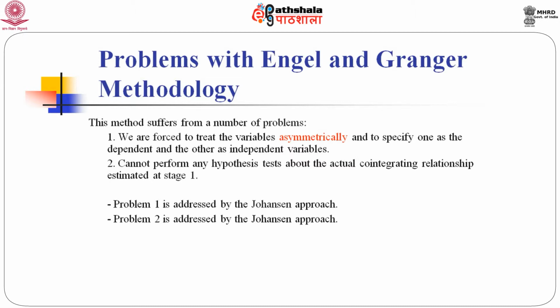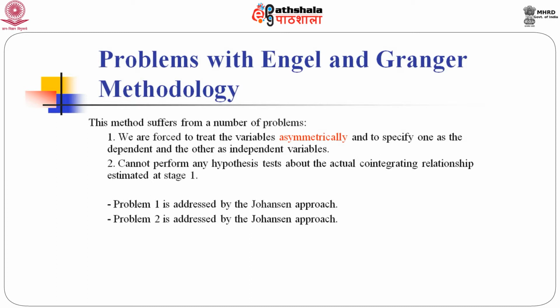Alternatively, we can take xt as a dependent variable, express xt as a function of yt, perform least squares, obtain the residual, and see whether the residual of the regression of xt on yt is I(0) or not. In many cases we get contradicting conclusions from the regression of yt on xt and the regression of xt on yt.